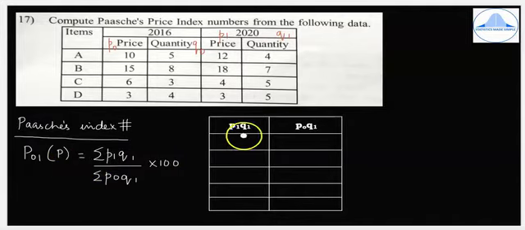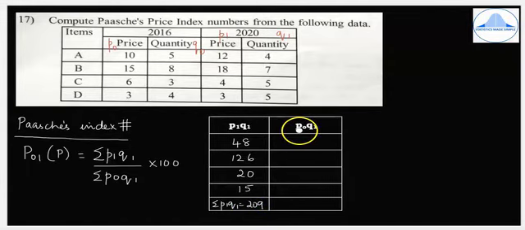Now let us find out the calculations for P1, Q1. So all you have to do is multiply 12 by 4. So you get 48. Similarly, the next value is 126. Then we have 20 and then you have 15. So when I find out the total, I'll get summation P1, Q1, which is equal to 209.